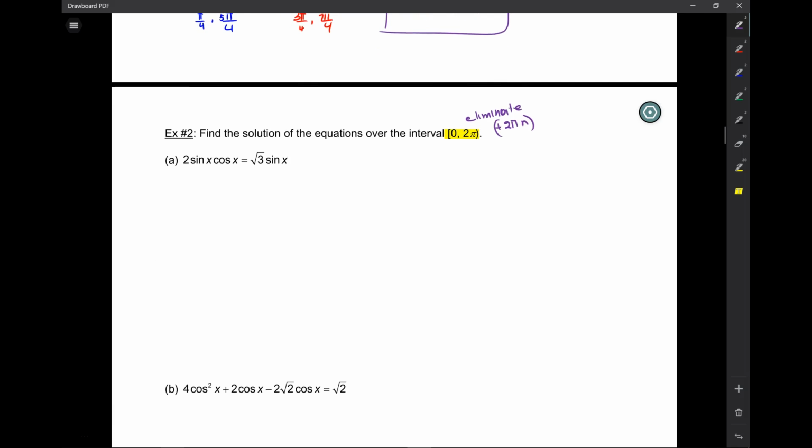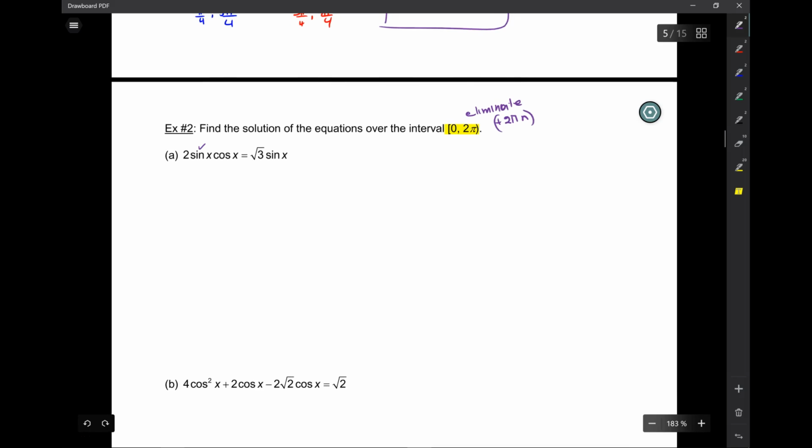Take a look at this equation. You have a sine here and a sine there. What do you think we should do? If we divide, you're getting rid of the sine. But you can't just get rid of information. When you get rid of information, you're eliminating possible solutions.